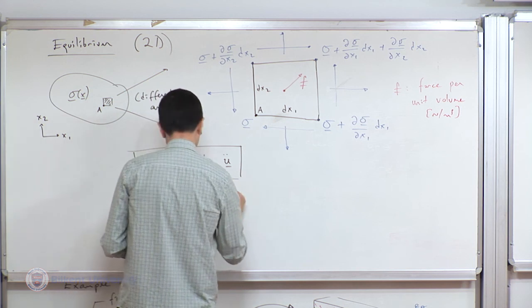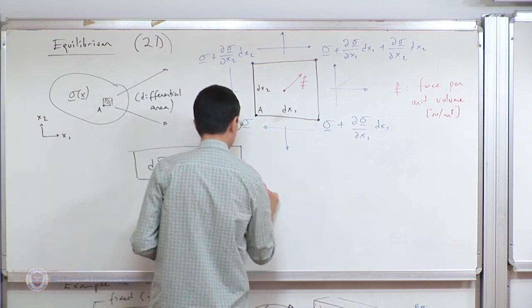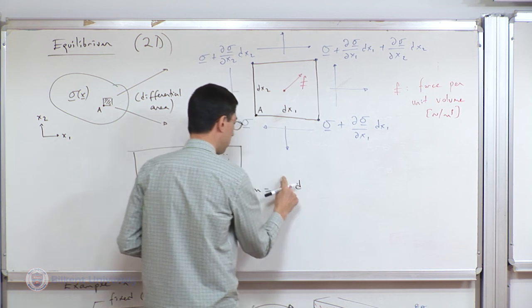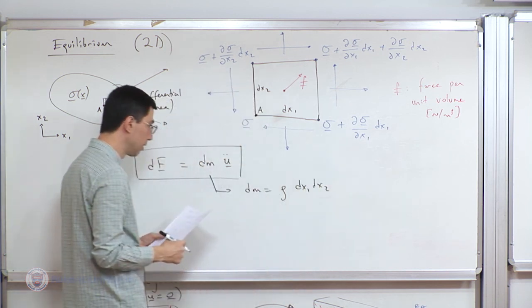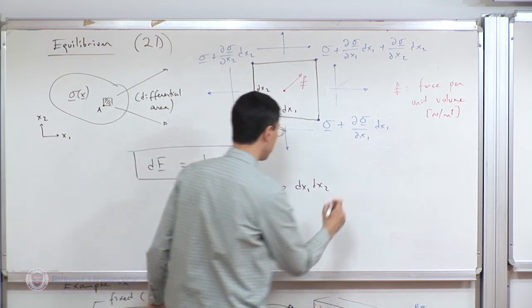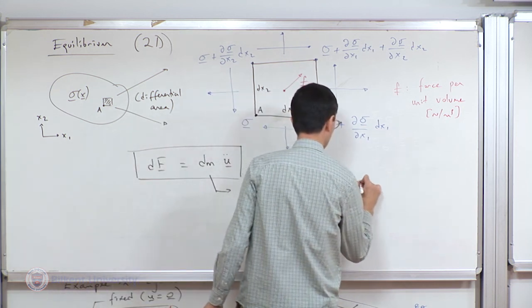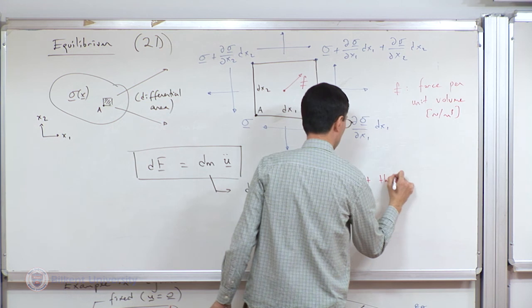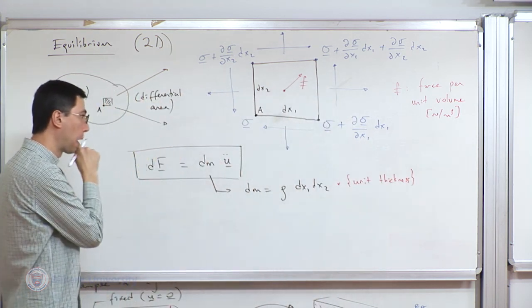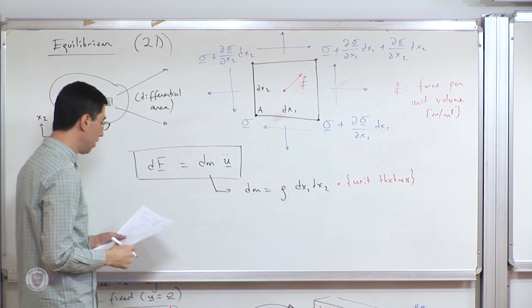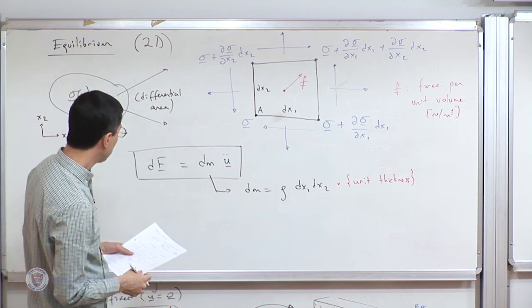Now this part is rather easy. dm is simply the density rho, dx1, dx2, and if you like, times unit thickness. Again, I'm not showing that.